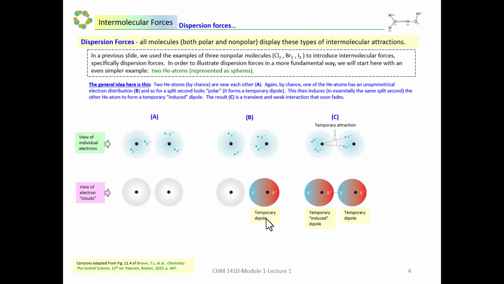If that happens in essentially the same split second, it's going to induce a change in the neighboring helium atom. So in column C, what we see is the electrons that were fairly evenly distributed in this helium atom are now repelled by these two electrons, which are being attracted to this helium nucleus.